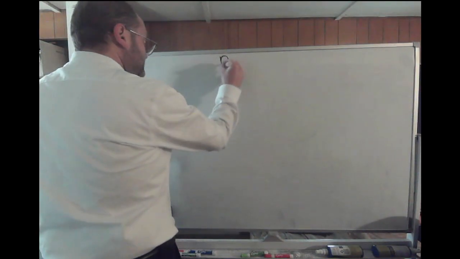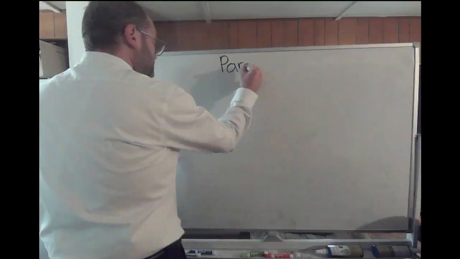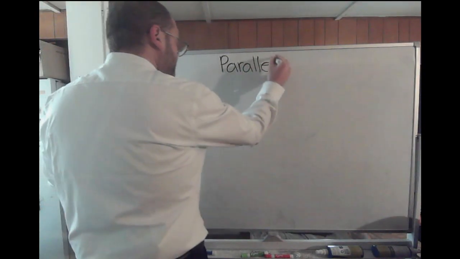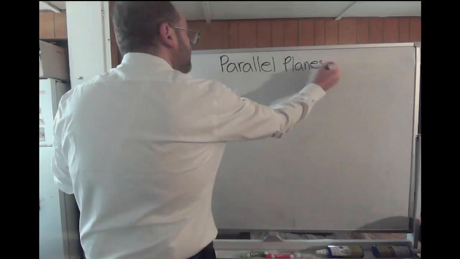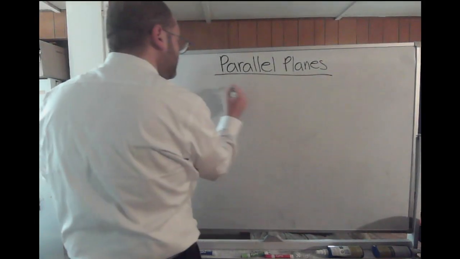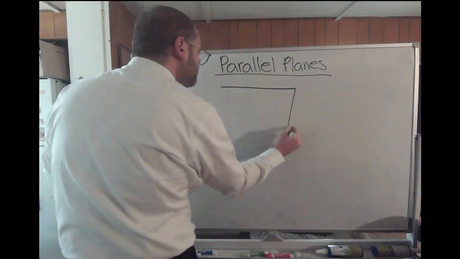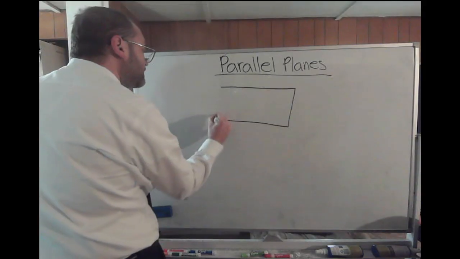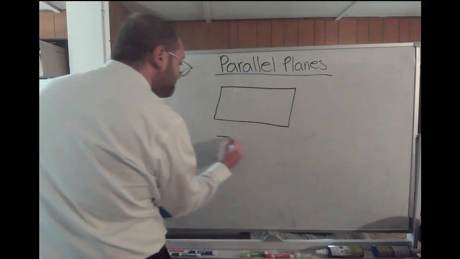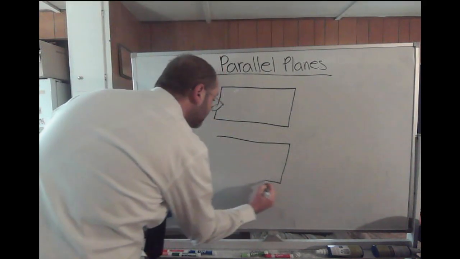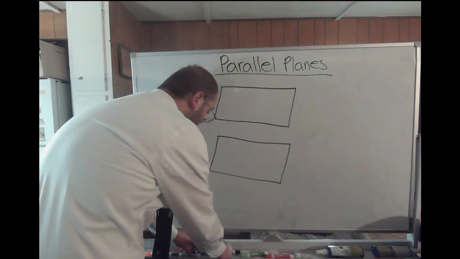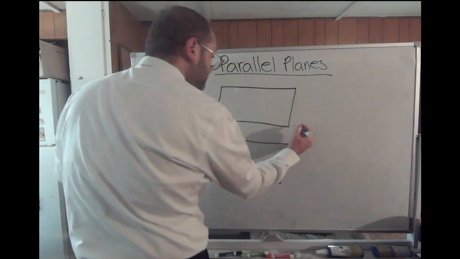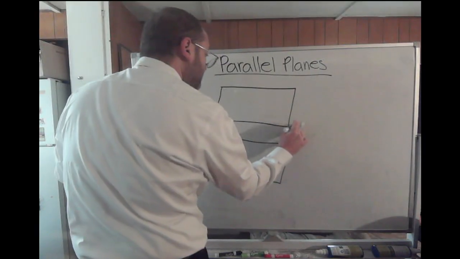Just like lines can be parallel, we can also have parallel planes. So we can have parallel planes here. We can say here, this is plane A. I'll put it right in the middle.